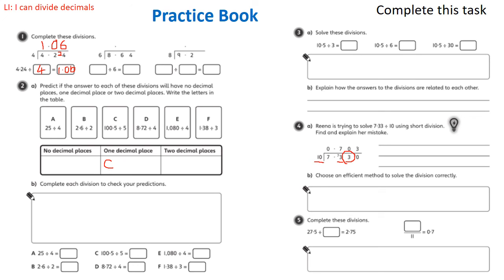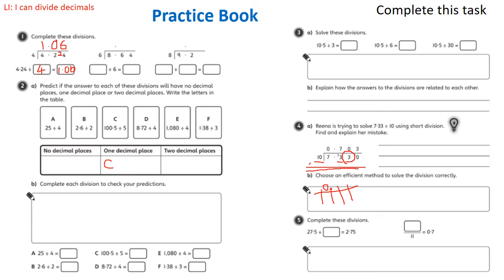And then, as I say, we do not divide by 10 by doing a bus stop. This might help you. You recognize what I'm drawing? Yep, it's a place value grid. I'll let you finish that one off.